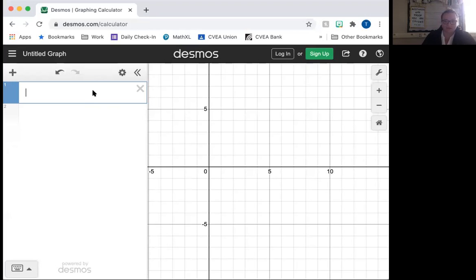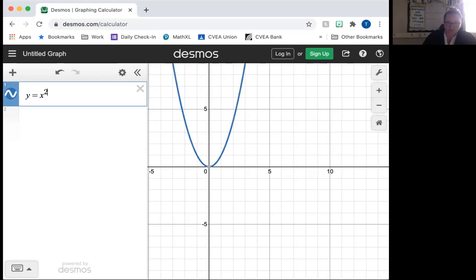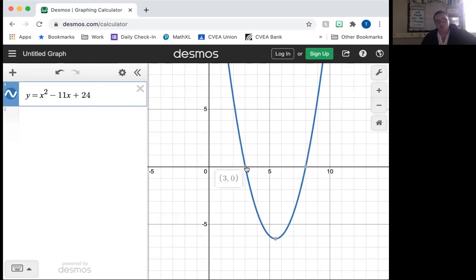We're going to graph y equals x squared minus 11x plus 24. Well, hey, I've got an x-intercept at (3, 0) and (8, 0). So we were right. We did a really great job. We were able to correctly solve this function by factoring. All right, let's do it again.